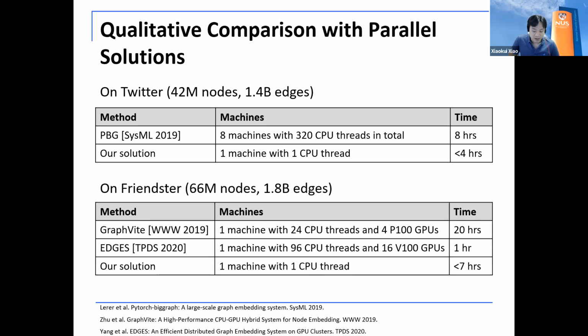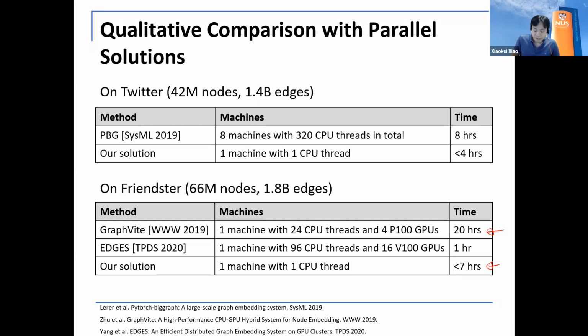On the largest graph that we have, which is Friendster, there is a WWW paper that presents a parallel solution. And when it uses 24 CPU threads and 4 GPUs, you can finish processing in 20 hours. In contrast, we need less than 7 hours to finish processing the same graph using one CPU thread.